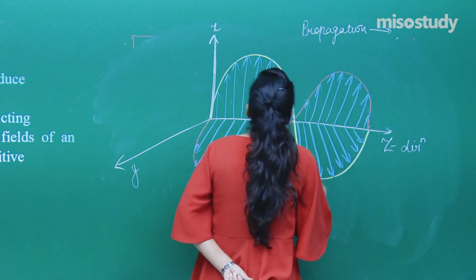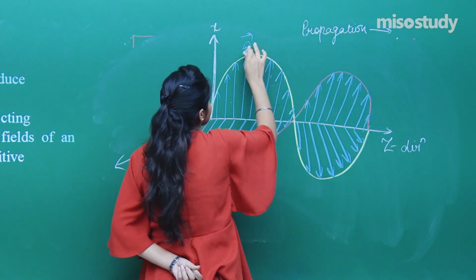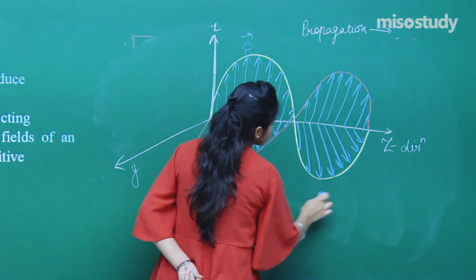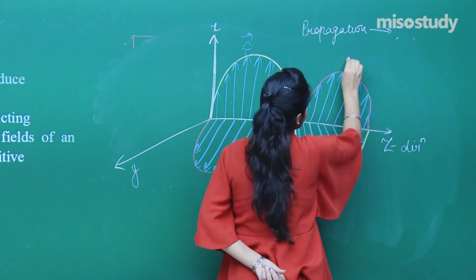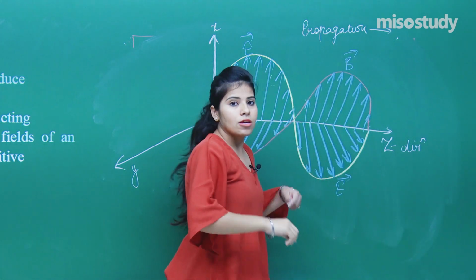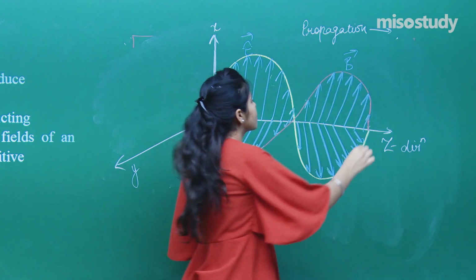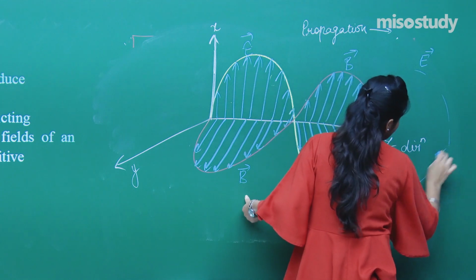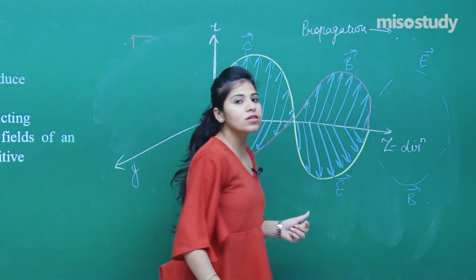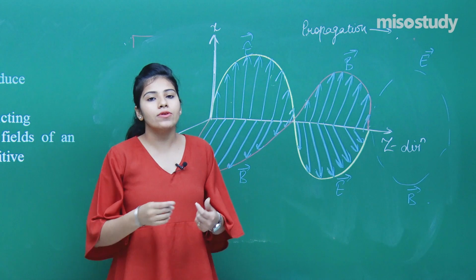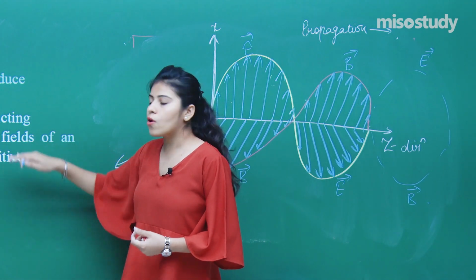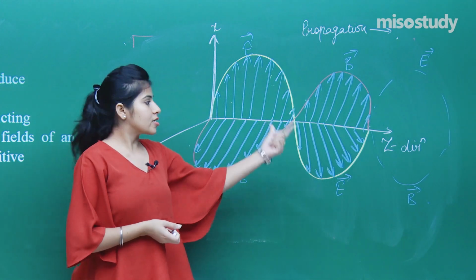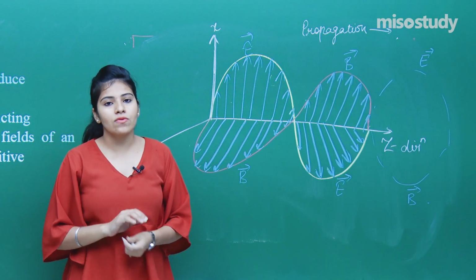Now here, this is your electric field, this is your magnetic field. Similarly, if the electric field is going this way, this will be your electric field and this will be your magnetic field. If I make another loop, again this will be your electric field and the other will be your magnetic field. This is how you show the diagram of the oscillating electric and magnetic fields, with the wave moving perpendicular to both. So we are done with this question.